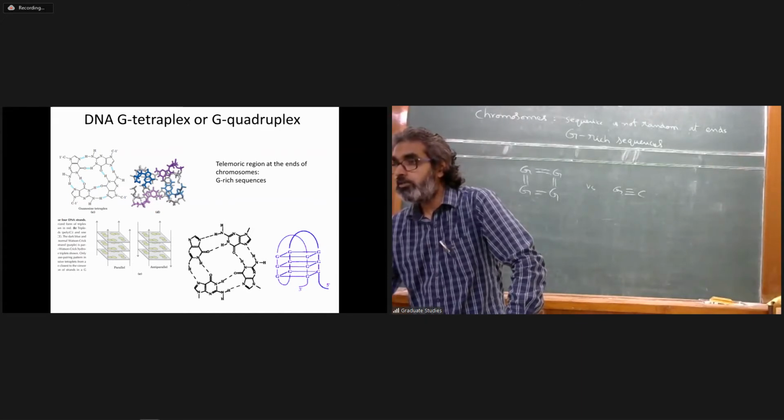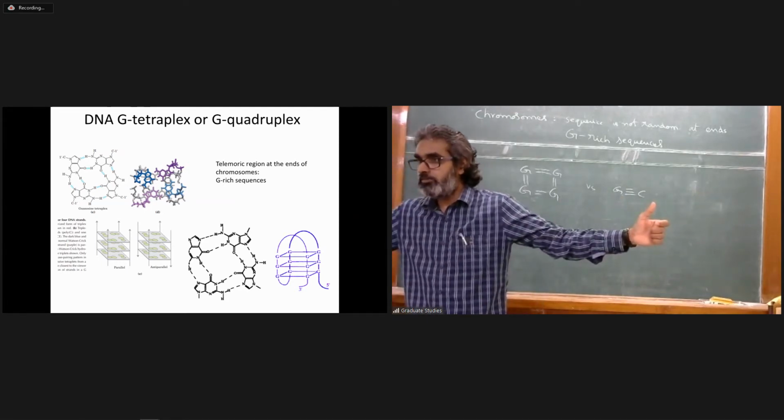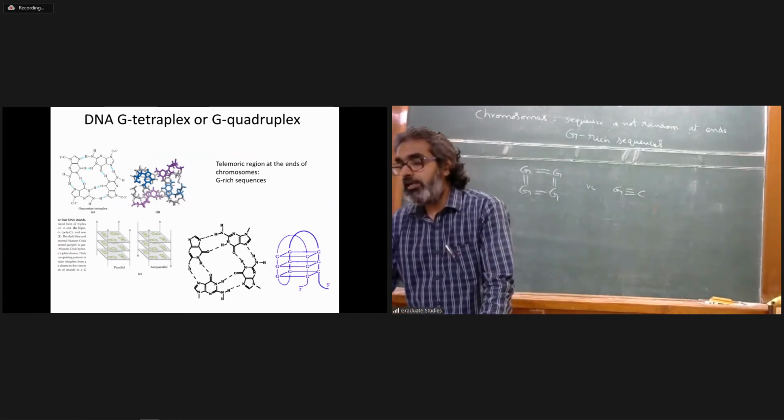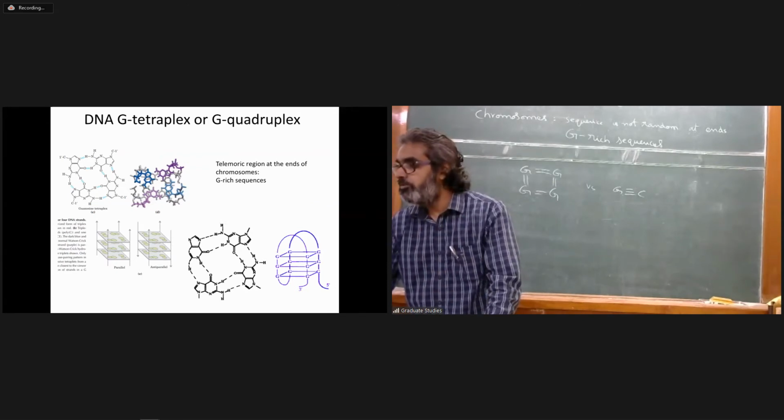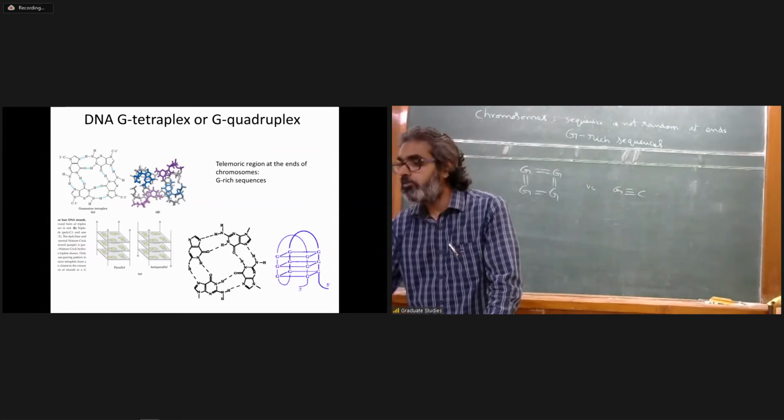We have 23 pairs of chromosomes, and the chromosomes are really long, millions of base pairs. Towards the ends of the chromosomes you have purine-rich sequences, like G-rich sequences. If you cut those sequences and put them in your test tube, what structures do they form? People have found both in vitro and also detected in vivo that there's a possibility that they can form this kind of structure from G-rich sequences.